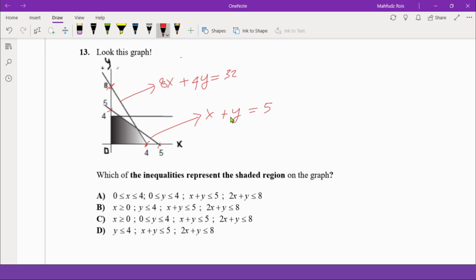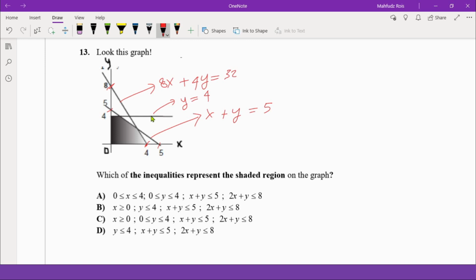And then next, this line is a horizontal line passing through 4 for y, so it will be y equals 4.